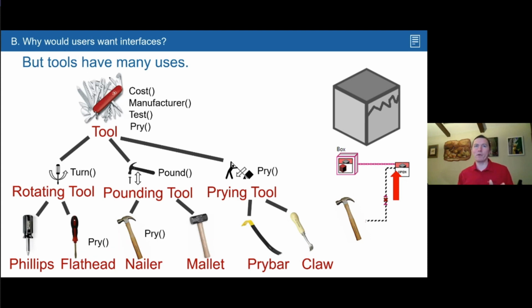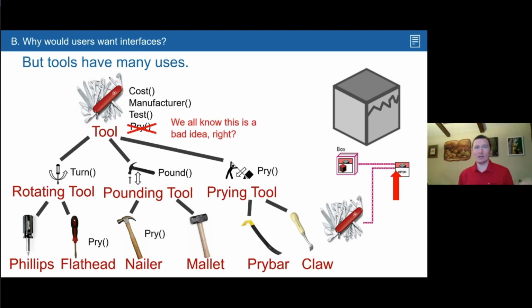Well, I hope everyone knows that putting a pry-up on tool and allowing all tools to wire in is a really bad idea, right? LabVIEW classes have been out since 2006, and I've given I don't know how many presentations on the fragile base class problem, where you start putting everything on the base class because some subset is supposed to go in there and you can't find any way to get the right subset.